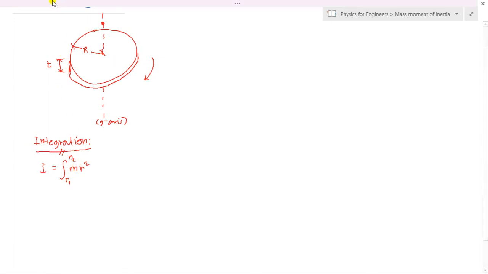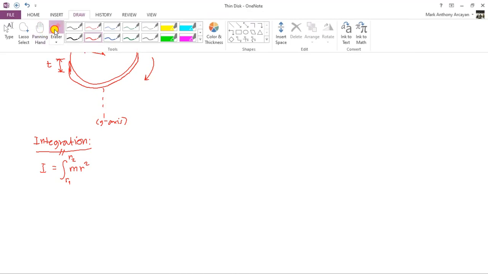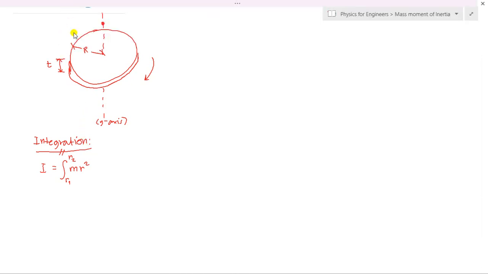Actually that is m r dr. I mean it's m r squared, but since integration requires a variable, it becomes m r dr, with dr the derivative of the radius. If we do unit analysis, mass times radius multiplied by the change in radius still results in m r squared.